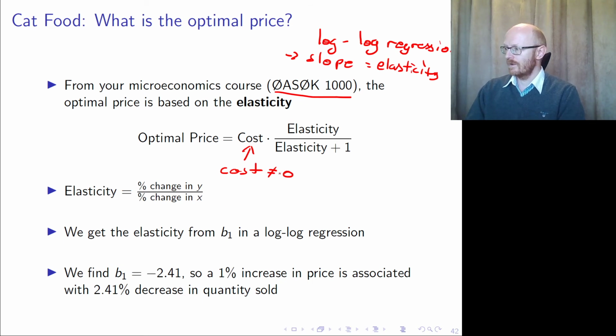And the elasticity has to be an element of the range from negative infinity to -1, never including negative 1, because if you have an elasticity of -1, then the optimal price would explode into infinity, which is not really realistic.